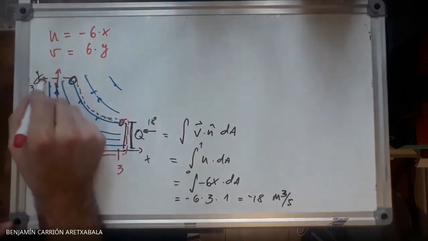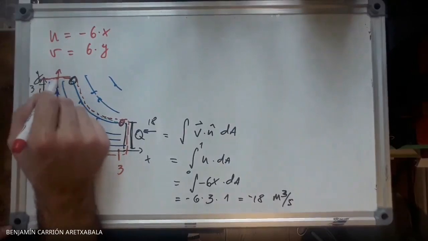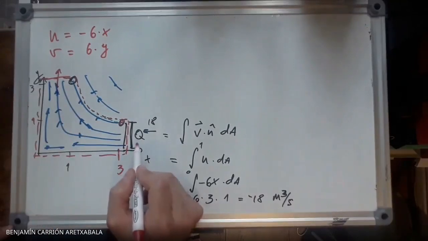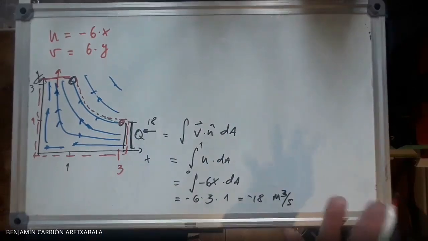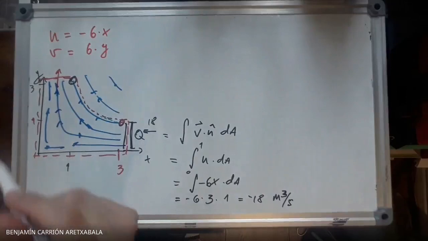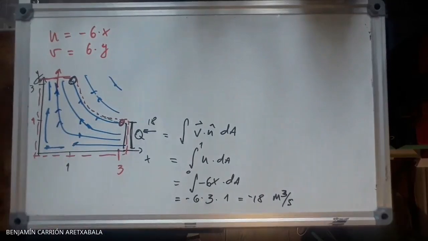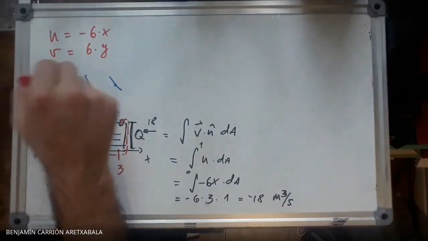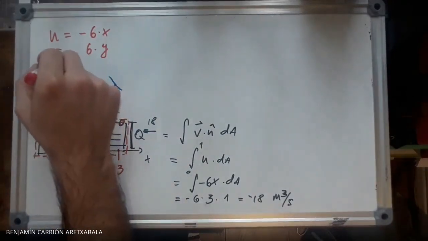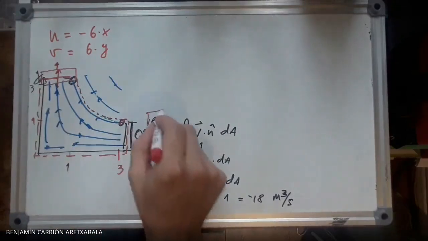You could compute it, but by symmetry it's really easy to show that this flow has to be the same going in. Plus, you can anticipate that by this theorem. So maybe you can work that out on your own and compute the flow going out. It should give you the very same 18.